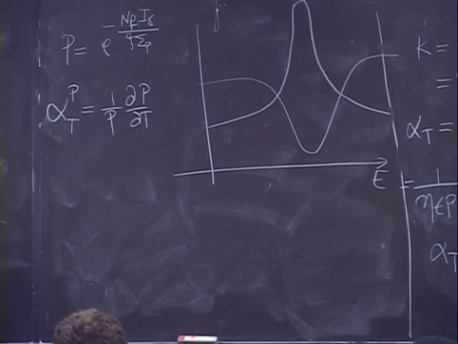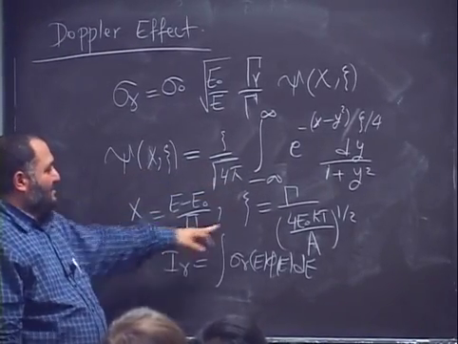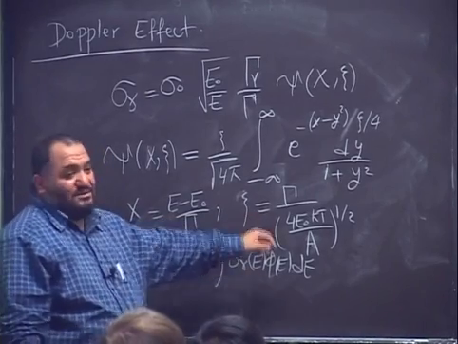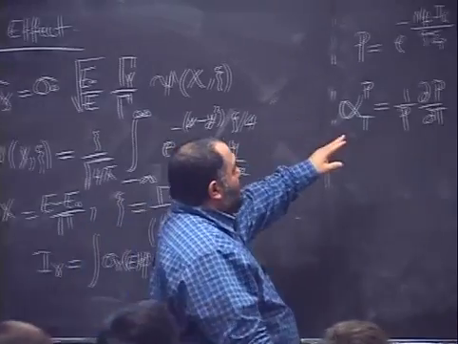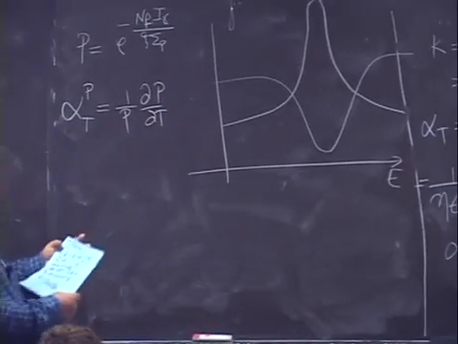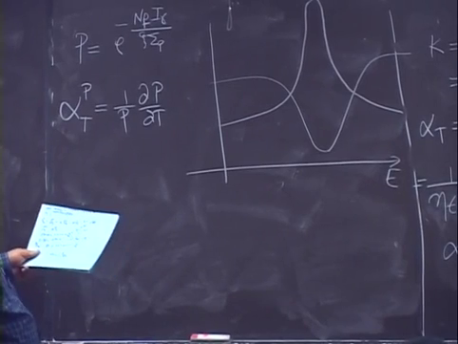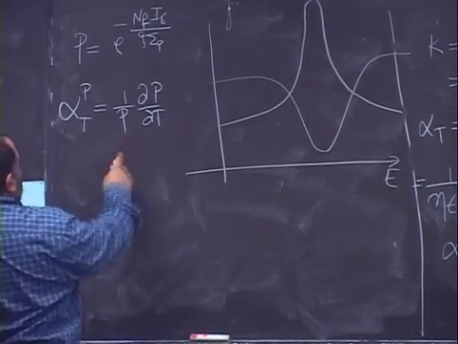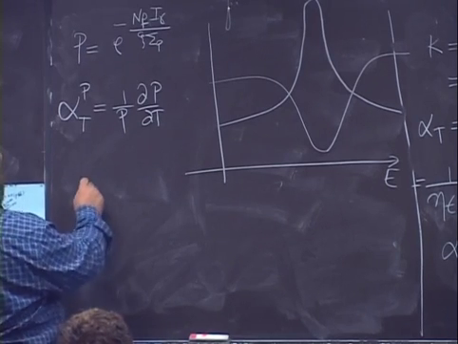So the only thing that will have the temperature effect is this resonance integral, because it has sigma gamma, and the function psi is the function that has temperature in it. So we will end up with 1 over P multiplied by dP by dT_F.